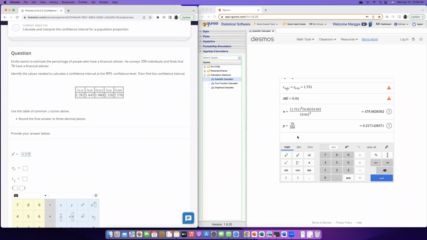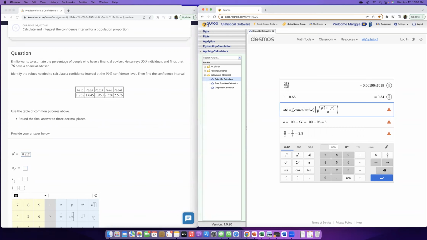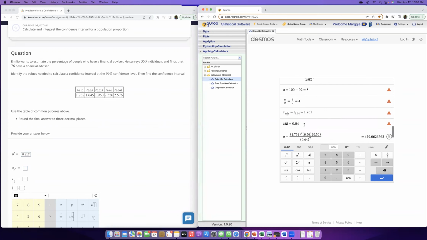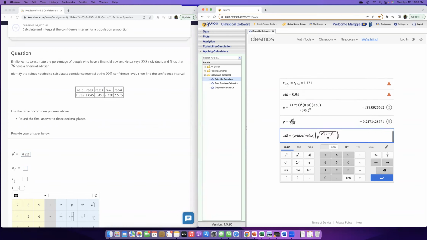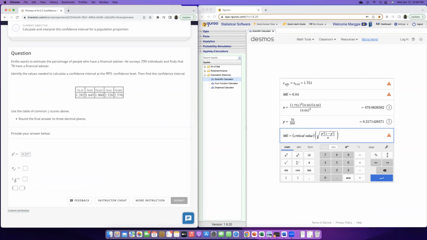So when we go back to the margin of error, let me just copy and paste this. The margin of error, we know, is the critical value times this in here. The critical value is going to be this Z alpha over 2. And this in here is the standard deviation for the sampling distribution of proportions, right?